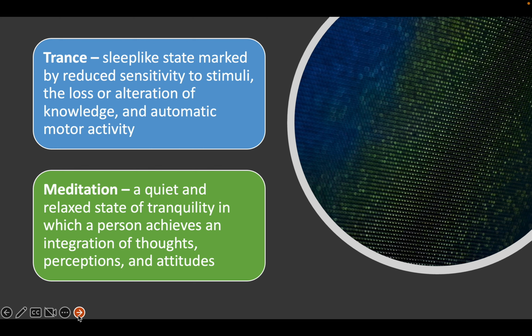But trance in other cultures is not the same as what we think of in the United States or the Western world as daydreaming. Still, in daydreaming you have reduced sensitivity to stimuli, you might have the loss or alteration of knowledge, and automatic motor activity might go away. You're staring off into space and don't know anything about what's going on around you.